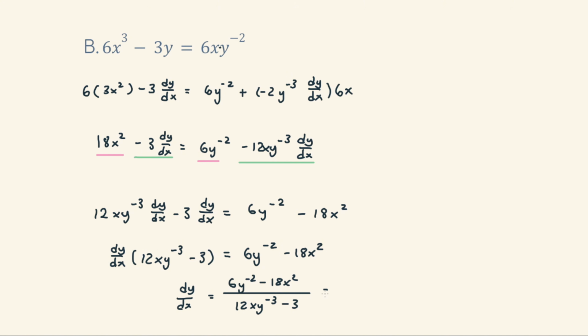Okay? And if you want to simplify this a little bit, you can factor out a 3 on the top and a 3 on the bottom. That's just going to cancel out. You're going to end up with 2y to the minus 2 minus 6x squared, all divided by 4xy to the minus 3 minus 1. Okay?